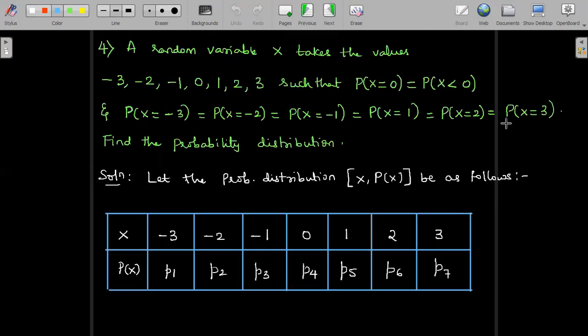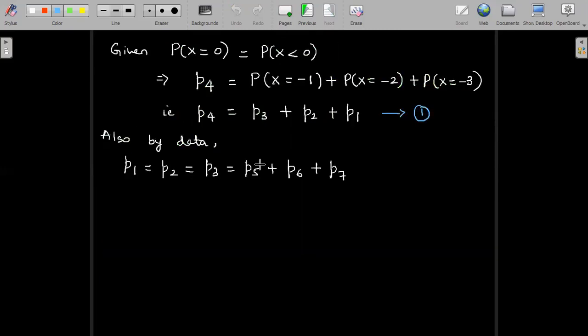In the second condition, for x equal to 0, the probability is not equal. So P4 I leave and the rest I equate, which is what I did just now. Let me call this equation 2.